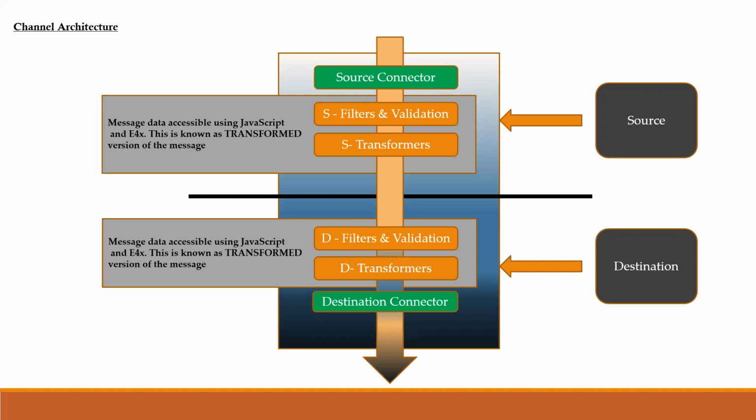So whatever enters the source will eventually enter the destination. When the message is entering the source connector, the source has its own set of filters and transformers. After completing the source, the message will enter the destination component, and destinations will have their own filters and transformers.